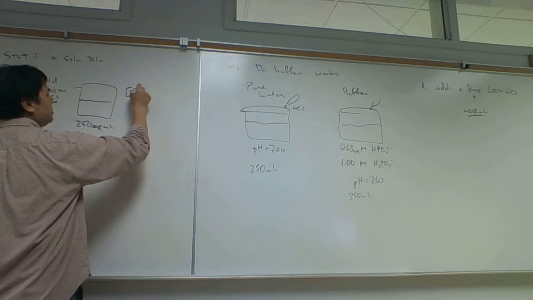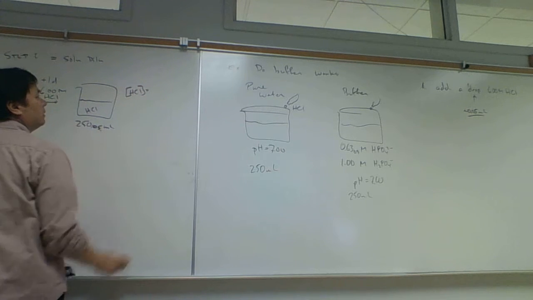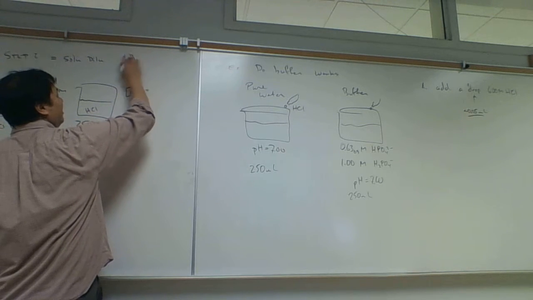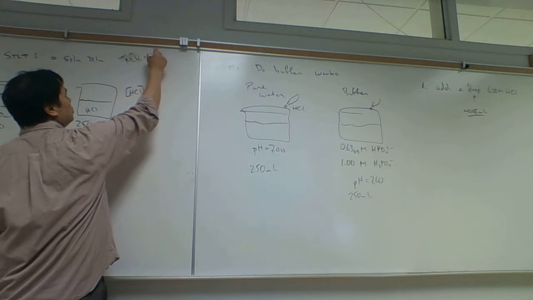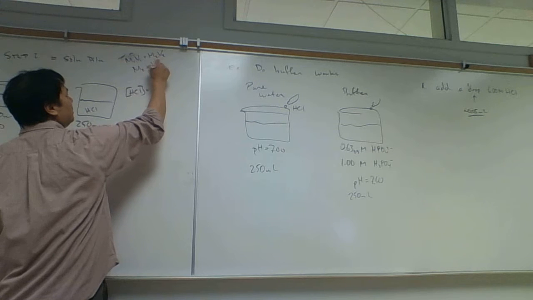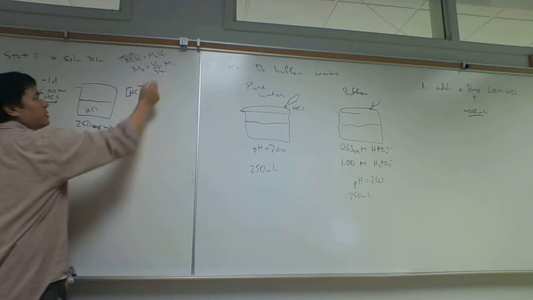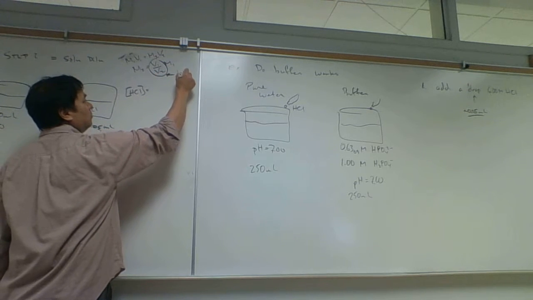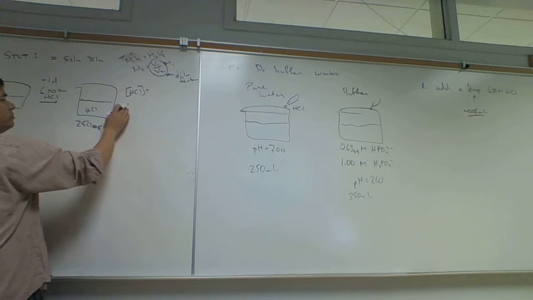Now the concentration of HCl in here is equal to what? Well, we use this equation, M1 V1 is equal to M2 V2. We solve for M2. M2 is equal to V1 over V2 times M1. V1 over V2 is called the dilution factor. And so what is the dilution factor here?